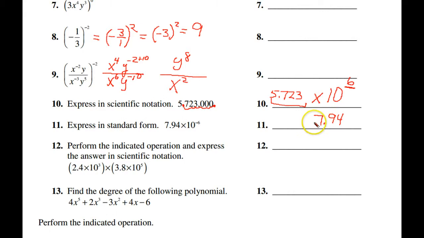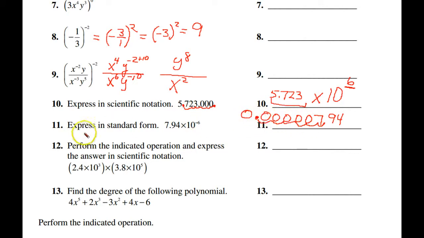Now, this will count for 1, so I have to add 5 zeros. 1, 2, 3, 4, 5. I had to move it 6 altogether. So I put a 0 there to help lock that decimal point.